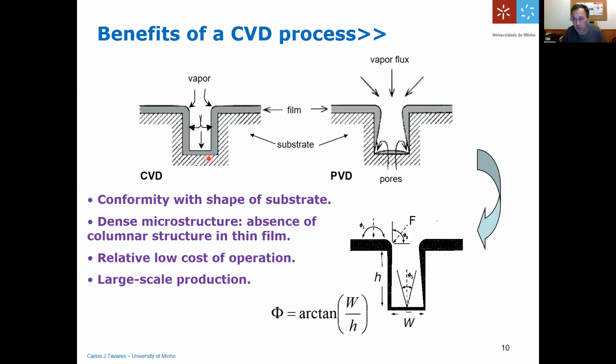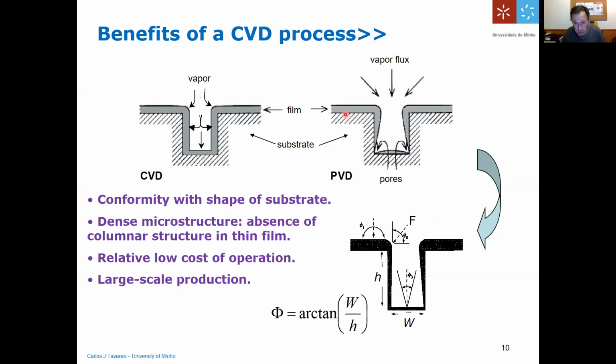For example, you want coatings which are mechanically very strong, with very high adhesion to the substrate, very hard, or very rigid with a very high Young's modulus. But there is a drawback from the PVD processes because of the conformality.